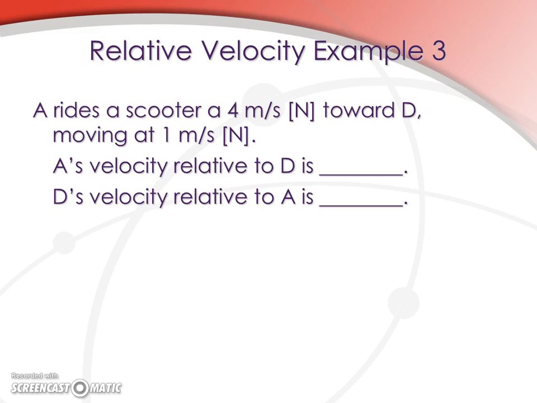Now, example 3 is a tiny bit different because Anita and Daryl are both moving in the same direction, right? So Anita's velocity is 4 meters per second north, and it's implied with respect to the ground. And Daryl's velocity is 1 meter per second north. So hopefully it should be obvious to you what you need to do in order to figure out their velocity with respect to each other.